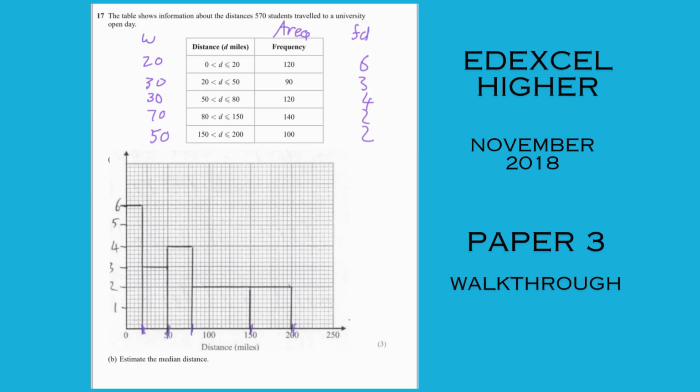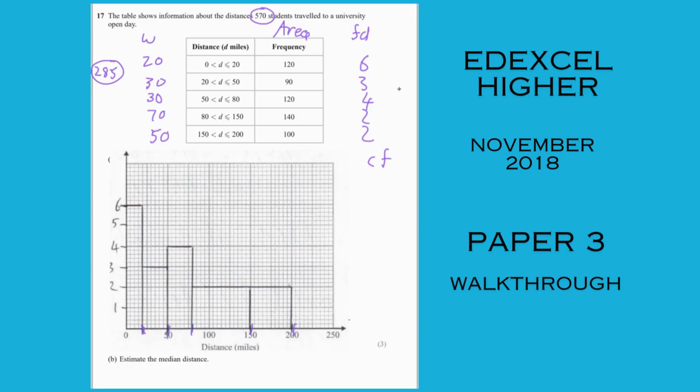Estimate the median. Now, there's different ways of doing what's basically called linear interpolation. So I've looked at cumulative frequency, so let's add up the frequencies as we go along. Now, half of 570, we are looking for the 285th.